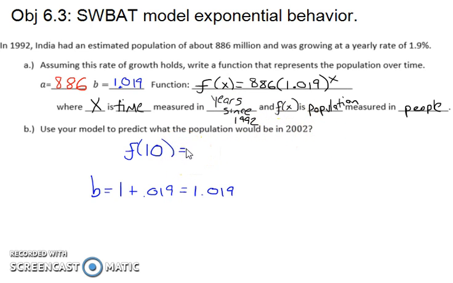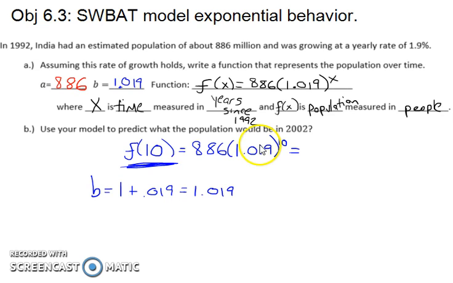And what I'm going to type in my calculator is, of course, just 886 times 1.019 to the power of 10. You don't need to write this all the time, but I do need to see this because this tells me what you're doing.